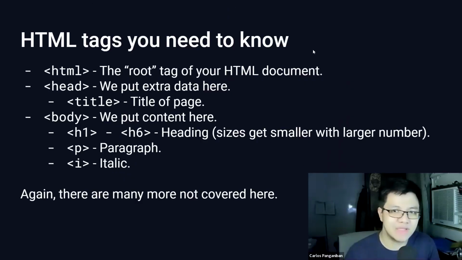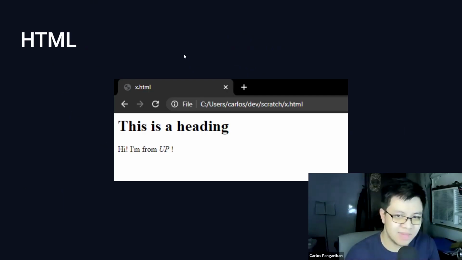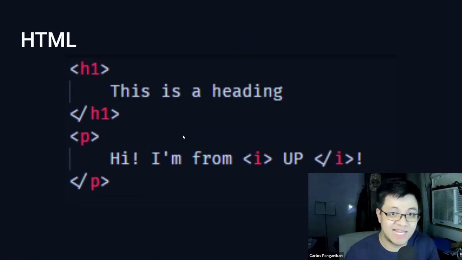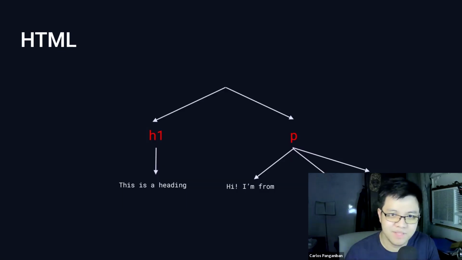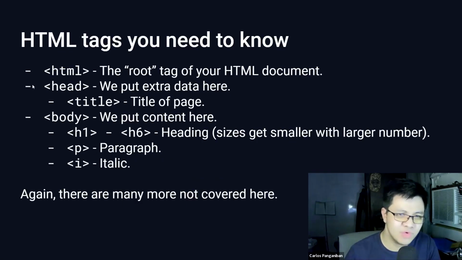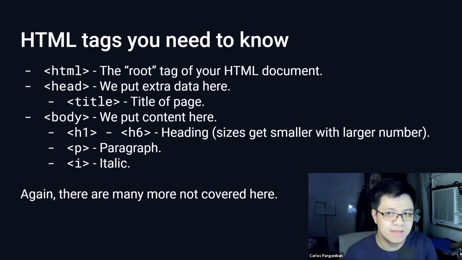So HTML tags, you need to know, this is not a proper HTML file yet. Okay? So we have a few more required tags na we need to know now that you know how they function. No? So we have a root tag, yung parang pinaka-parent tag natin, pinaka-ancestor tag natin, which is yung HTML. And then we have head.